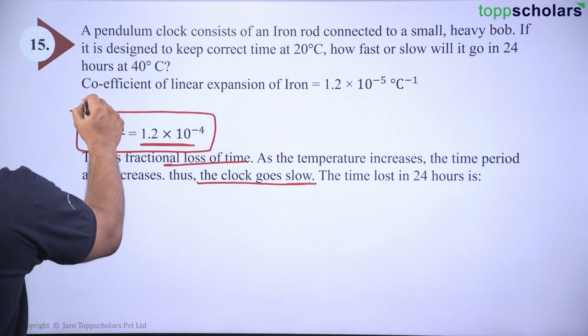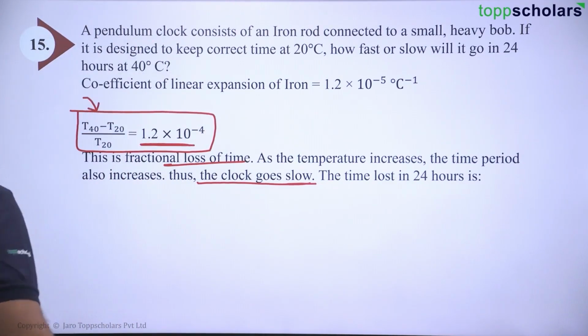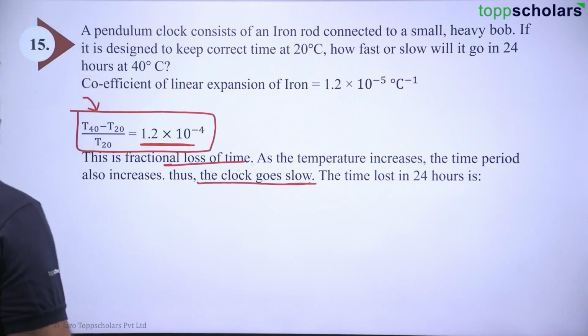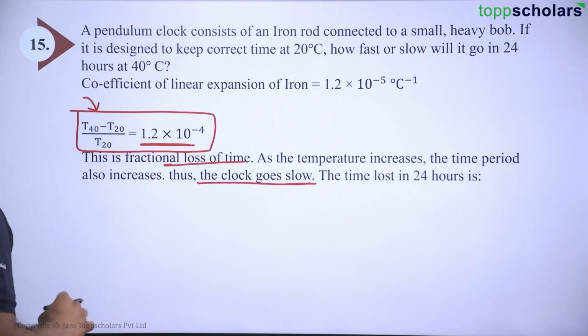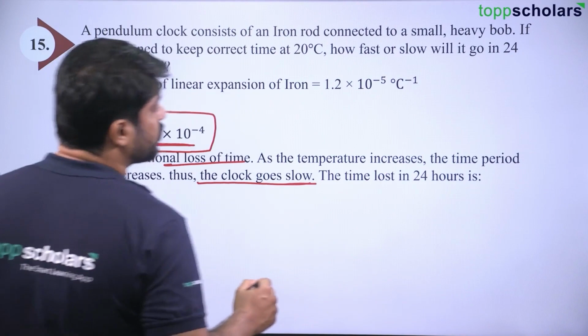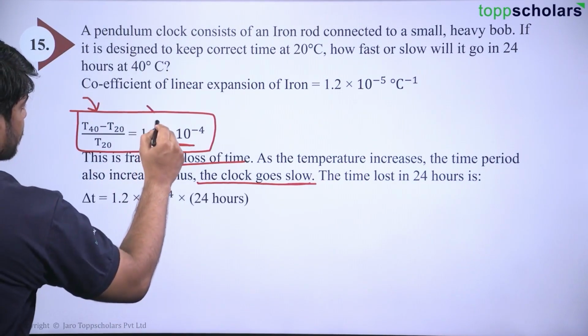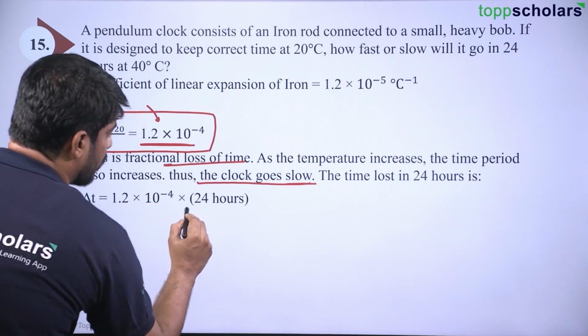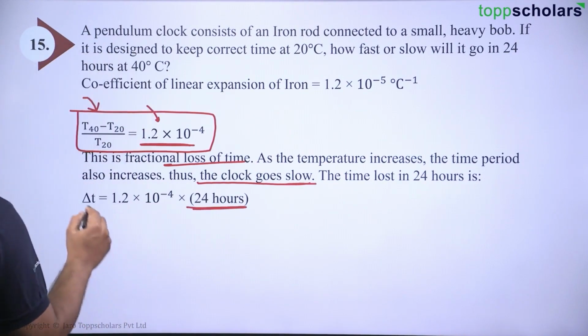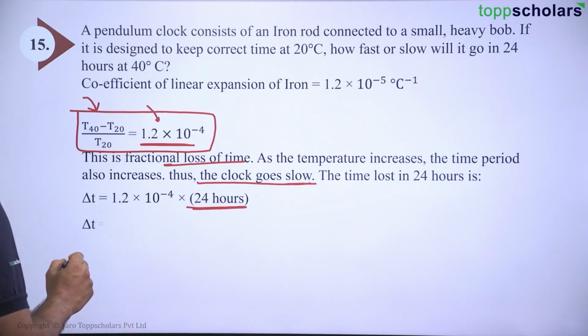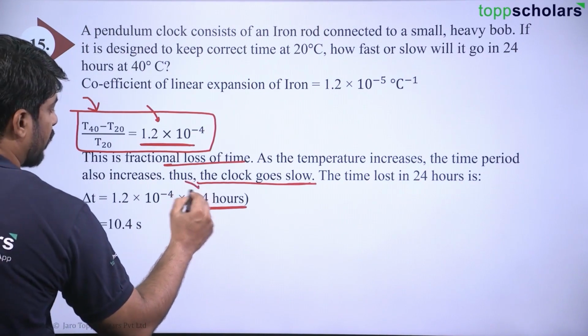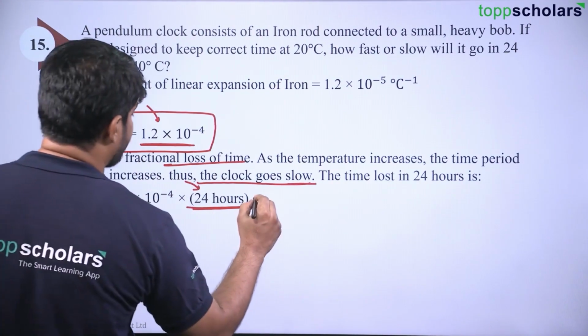Now this is the fractional loss, the small fraction that is lost. So the time lost in 24 hours, delta t, is equal to this fractional loss into 24 hours. We have to convert these 24 hours to seconds, and it's very simple.